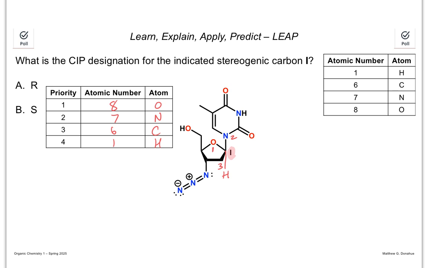Does that make sense? So really, because the H is the lowest priority, without using the model, you have to put your eyeball up here so that H is away from you. Then you're going 1 to 2 to 3. So that ends up being clockwise, so that would be R.